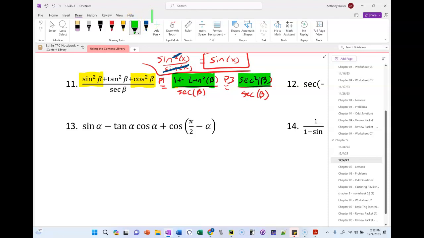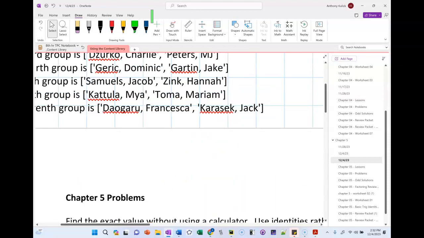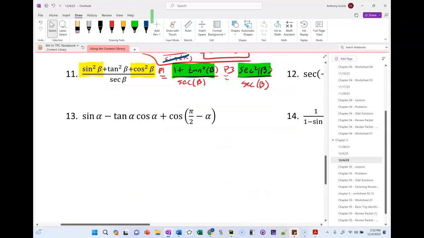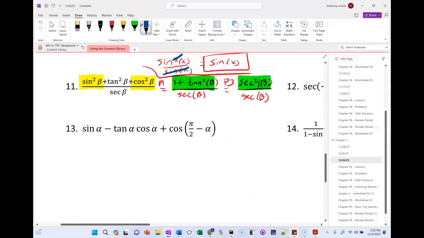And then, are we back to the top? Yup. Kate and Lexi. Reduce. Yeah, that's what you're trying. That's the word you're looking for, is reduce. So we're left with just secant beta, and we're done.